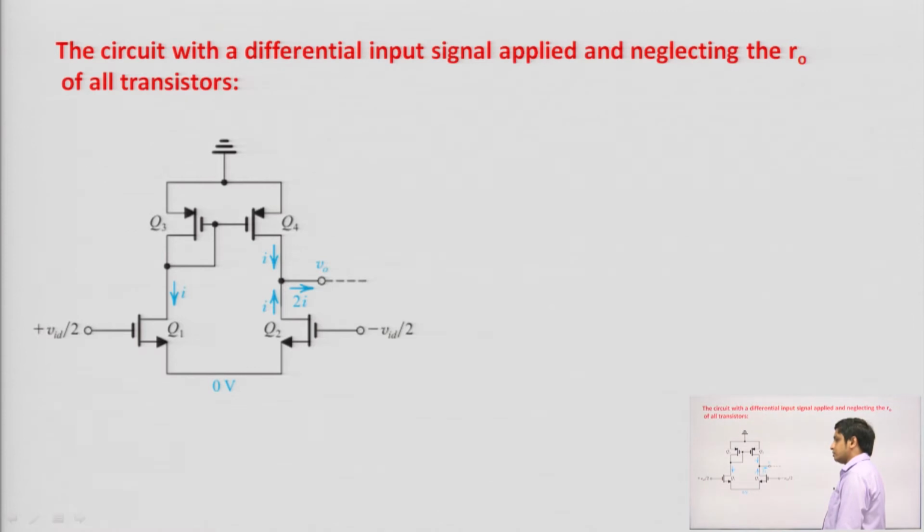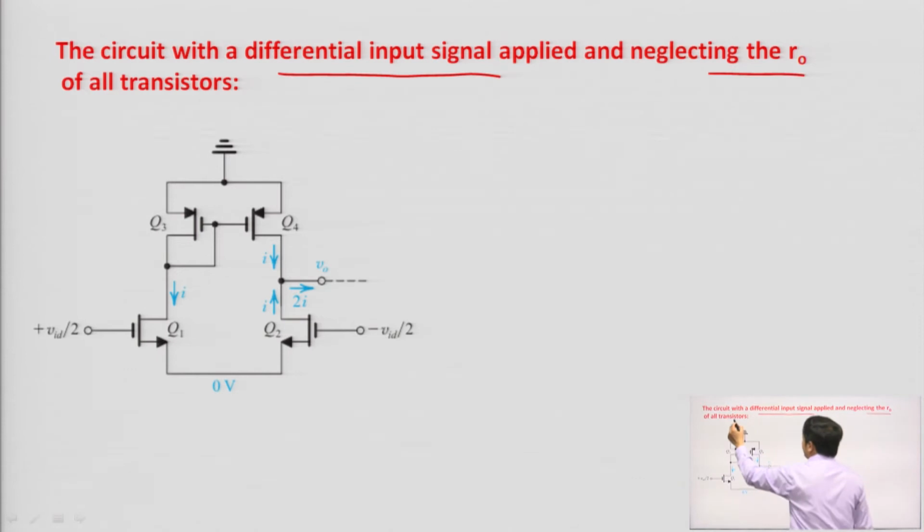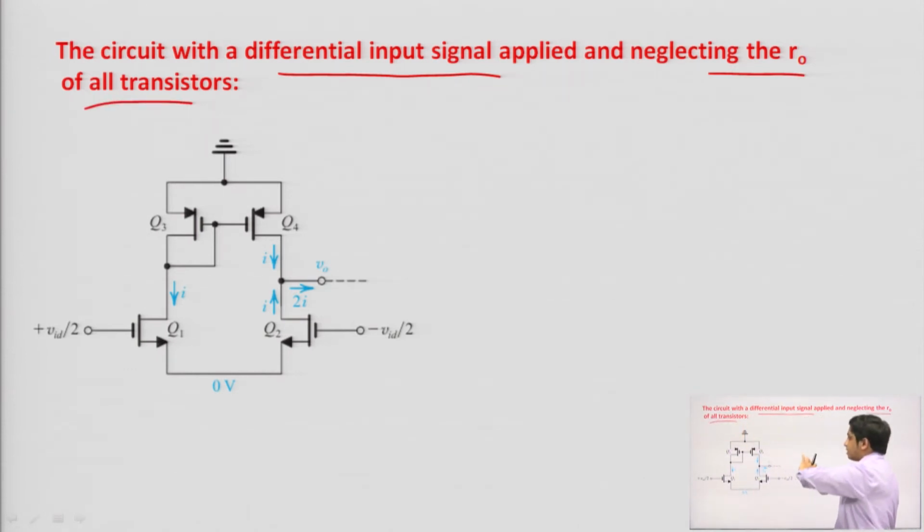Similarly, again for that differential amplifier with active load, consider the circuit with the differential input signal applied, neglecting the R naught. For the time being we are neglecting this R naught, but in IC designing we cannot neglect R naught; just for simplicity we have not considered R naught here, fine.